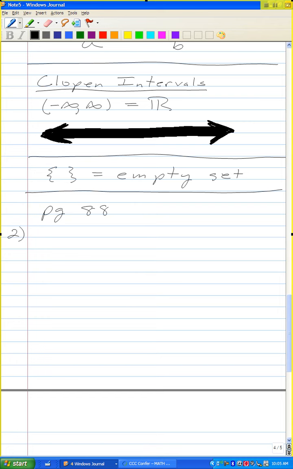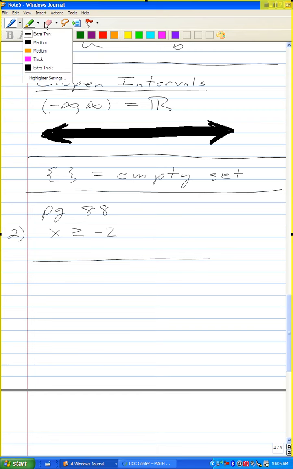So I have here x is greater than or equal to -2. And so let me graph this. So I'll put a -2 there.